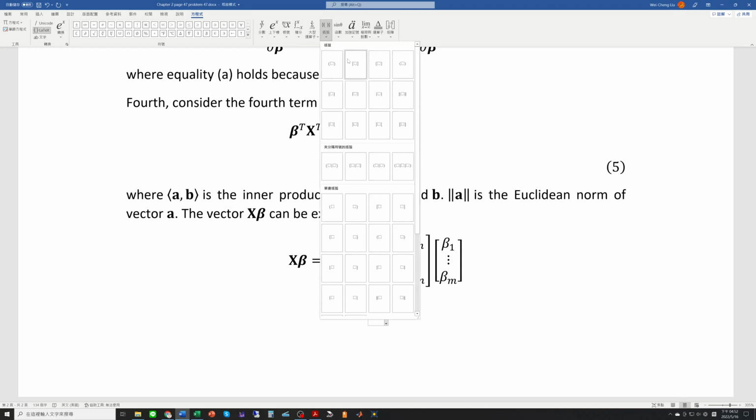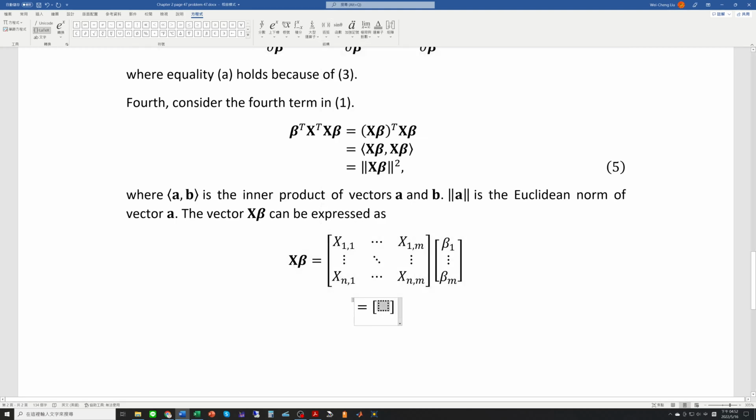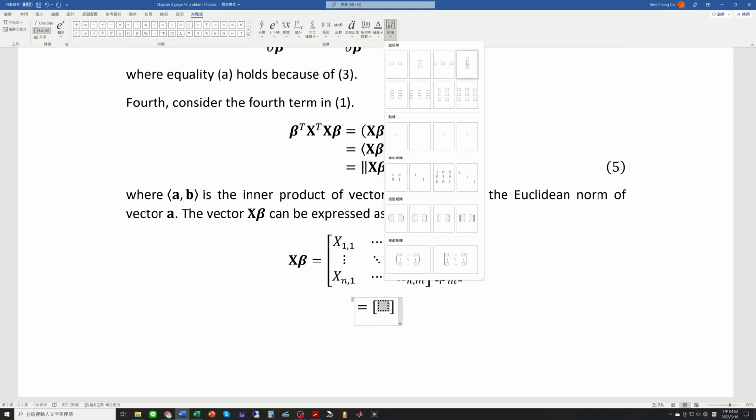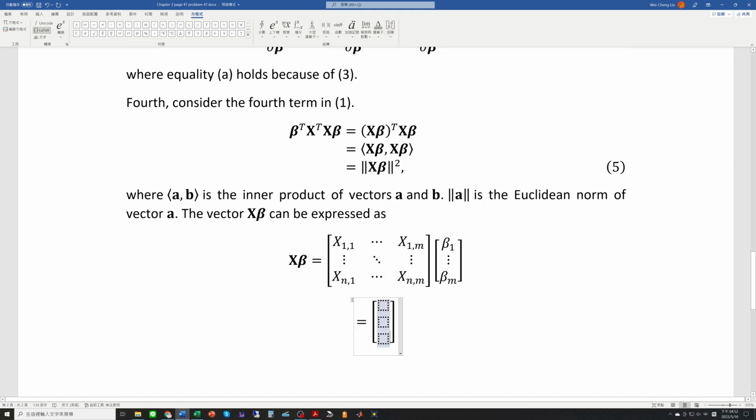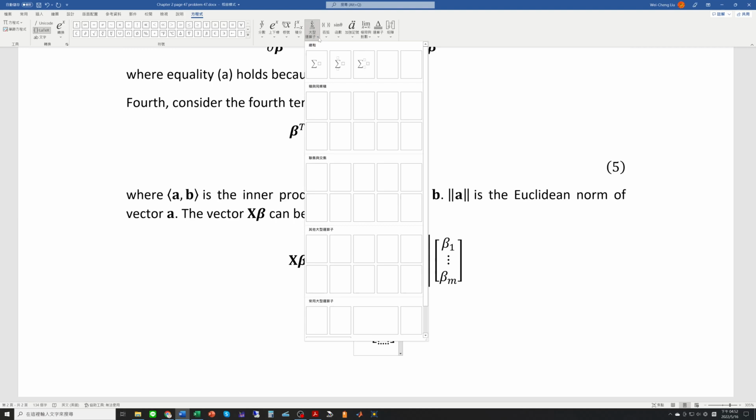First brackets and a column vector, and the first term is x11 times beta 1 plus dots x1m times beta m. So this can be written in the form of a summation.